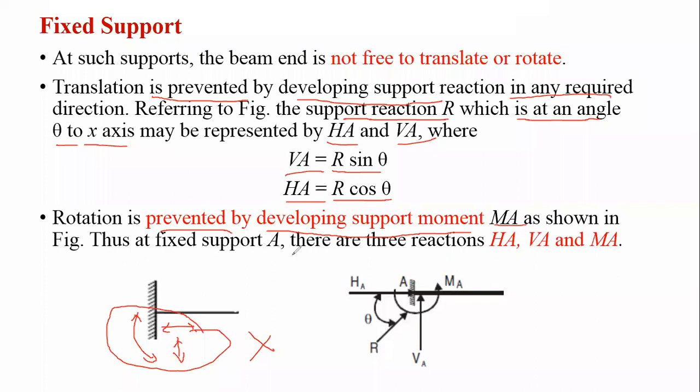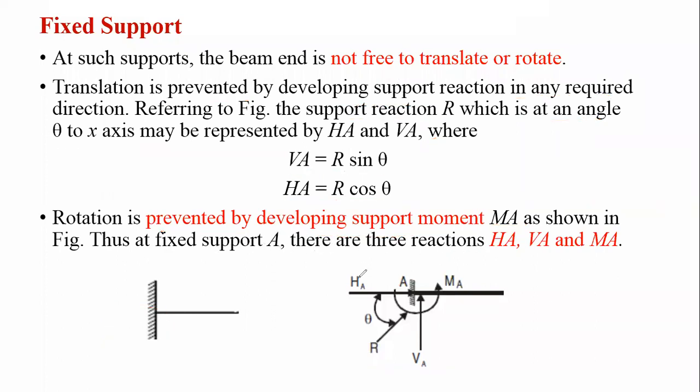Thus, at fixed support A, there are three reaction components: the horizontal reaction, the vertical reaction, and the resisting moment MA. That's why for the fixed support, there are three unknown reactions, that is HA, VA, and MA. Now let us revise again.